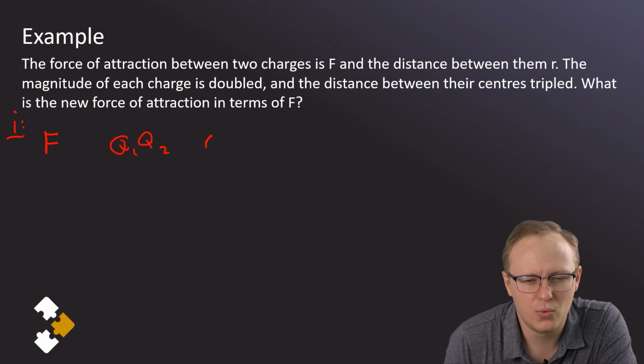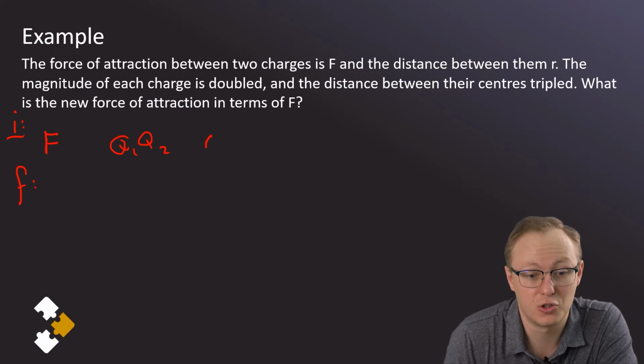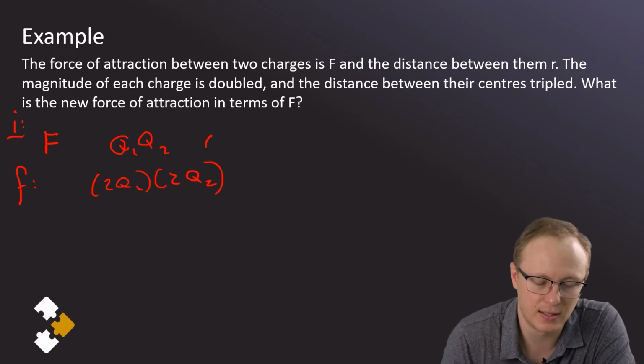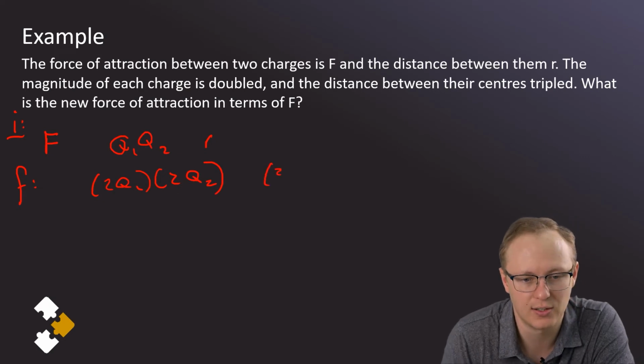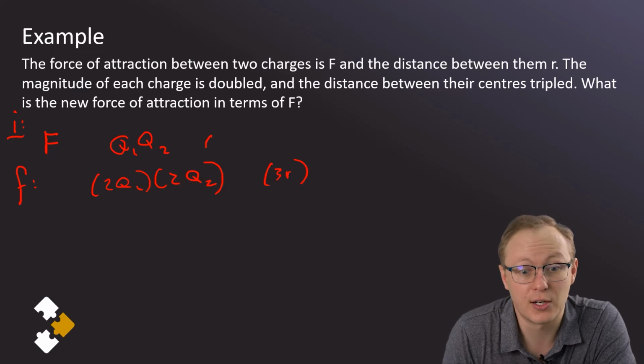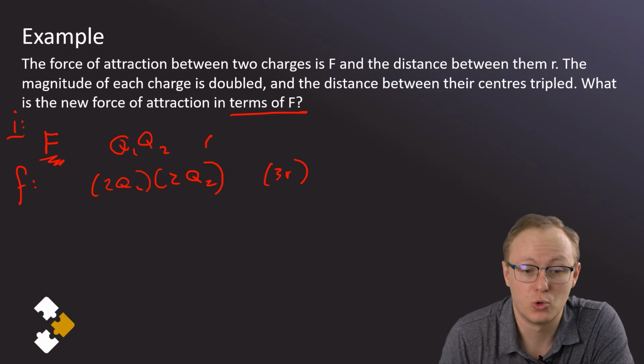And now we're going to double the magnitude of each charge. So now we've got 2Q1 and 2Q2, and we are going to triple the distance between their centers. So that's now going to be 3R. Now we've got to find the new force of attraction in terms of F, that force of attraction that we had originally.